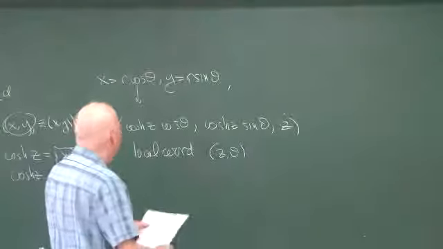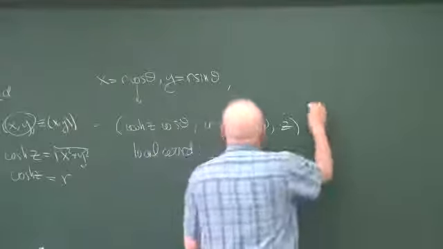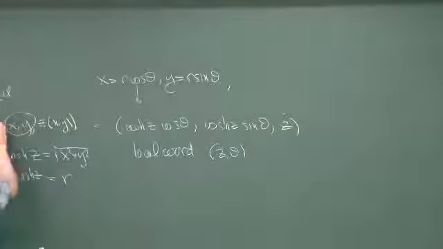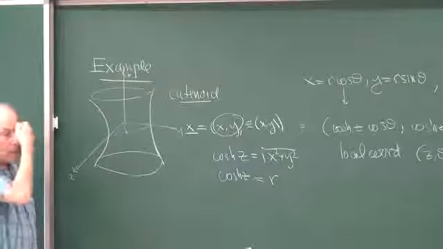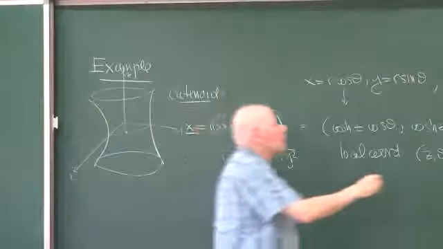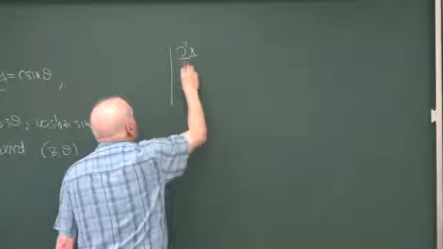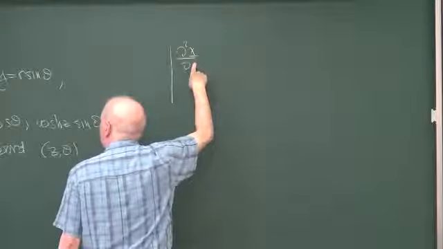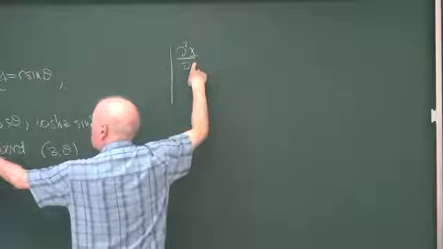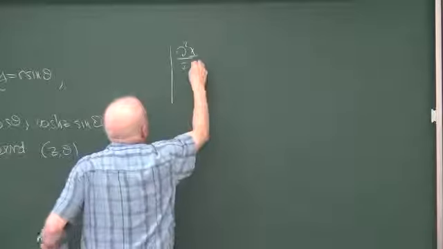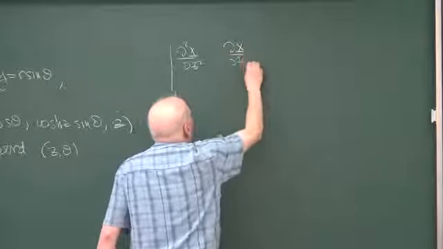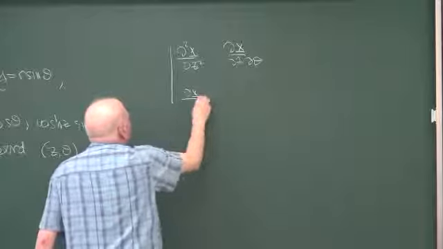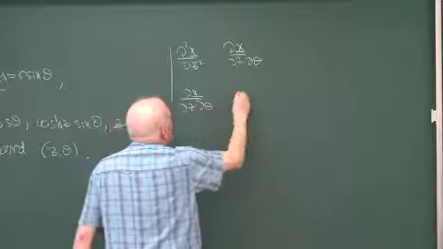So let's differentiate first with respect to z. We'll call this the vector x as usual. And now we can compute the second fundamental form for the catenoid. I have to take the usual partials: two derivatives with respect to z, then z theta, then theta theta, and I have to remember to dot each with the normal.